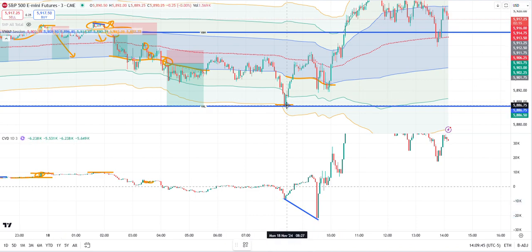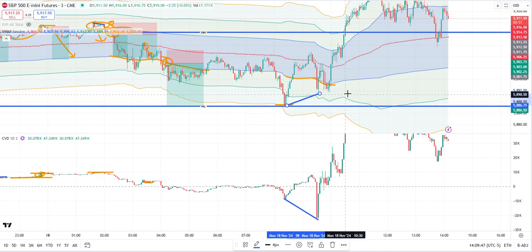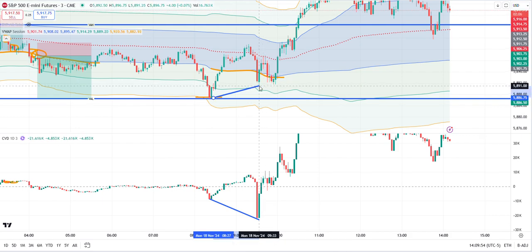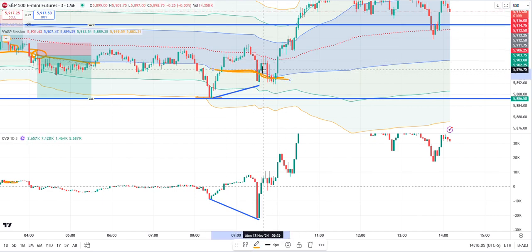Here to here versus here to here. So as soon as you have bias, you have big divergence, and you've got accepting inside of VWAP, because this is VWAP, and you see it's bouncing there.